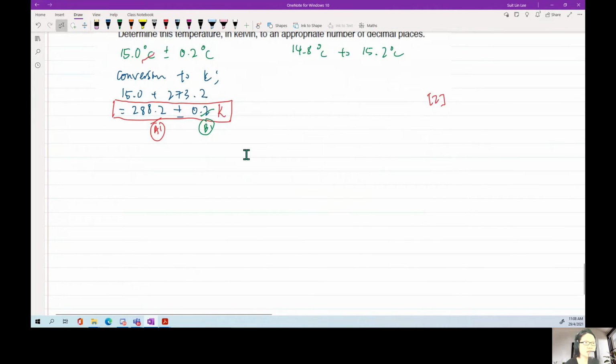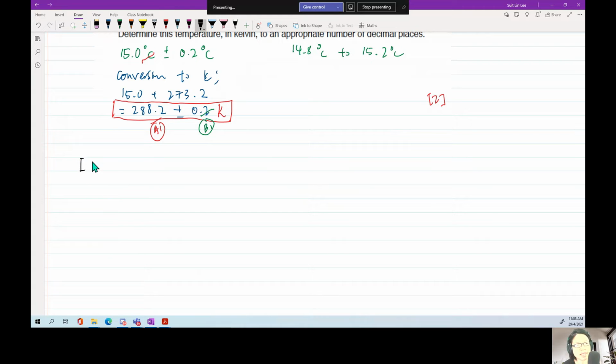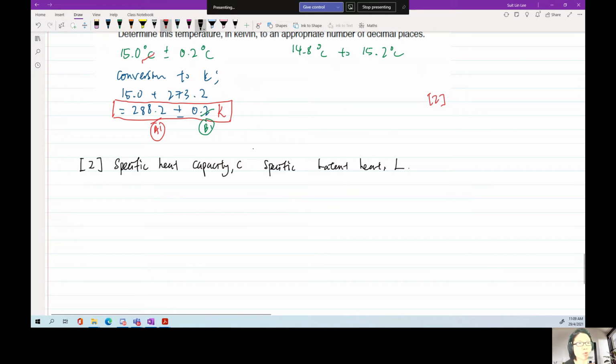The second idea here is specific heat capacity and specific latent heat. This one is more popular because it's a calculation question. And they are quite repetitive. So if this one comes out, it's actually quite a bonus.